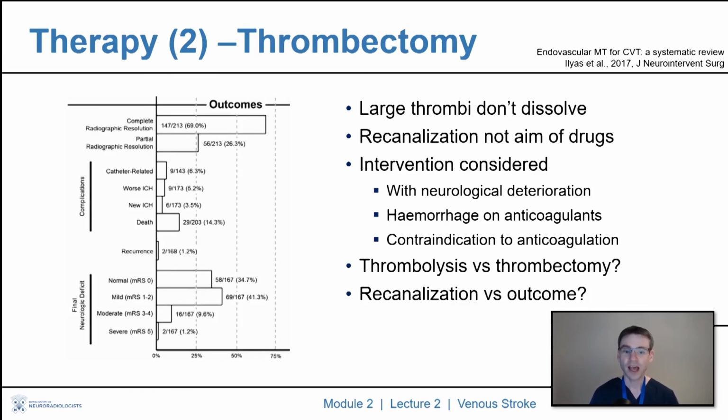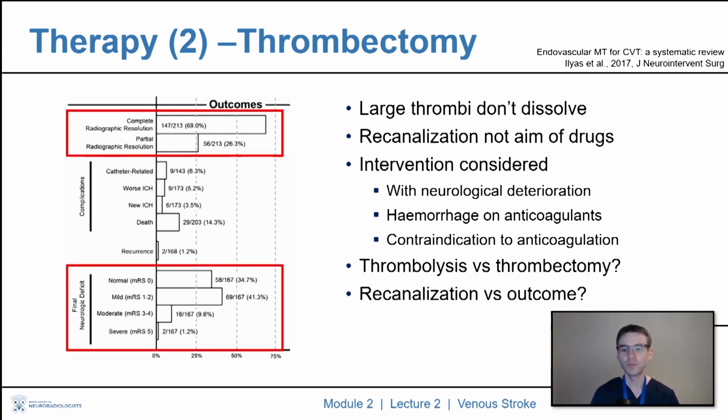But in patients who have undergone catheter thrombolysis or thrombectomy for venous thrombus, it's a relatively low number of patients, but most have partial or complete resolution of the thrombus. And most have either no disability or only mild disability as their final neurological deficit at the time of follow-up.